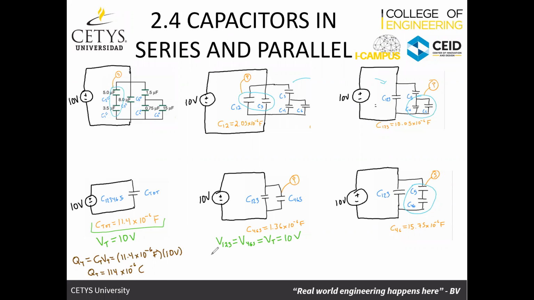So the charge in 1,2,3 is equal to the capacitance of 1,2,3 times the voltage in 1,2,3. The capacitance of 1,2,3 we had already calculated, it's up here on top. It's 0.05 times 10 to the minus 6 multiplied by 10 volts.